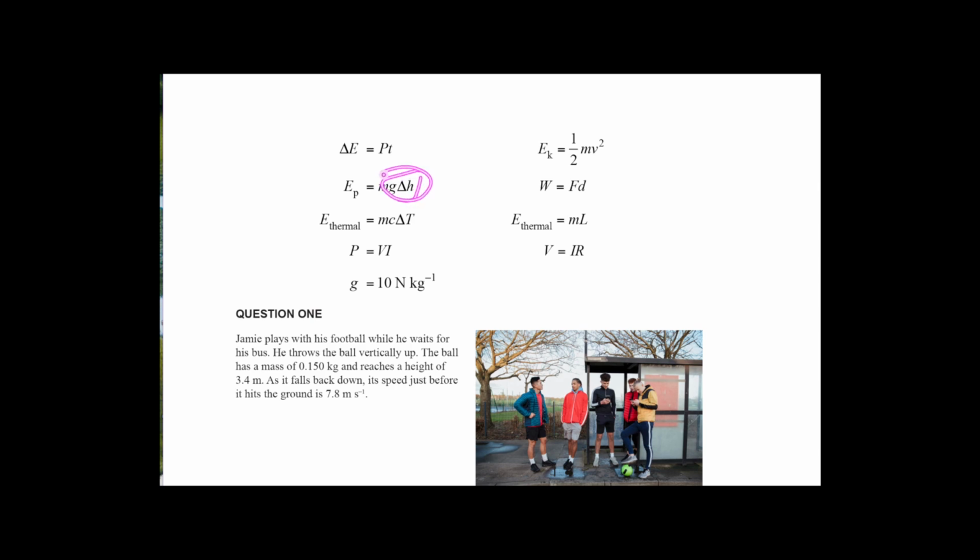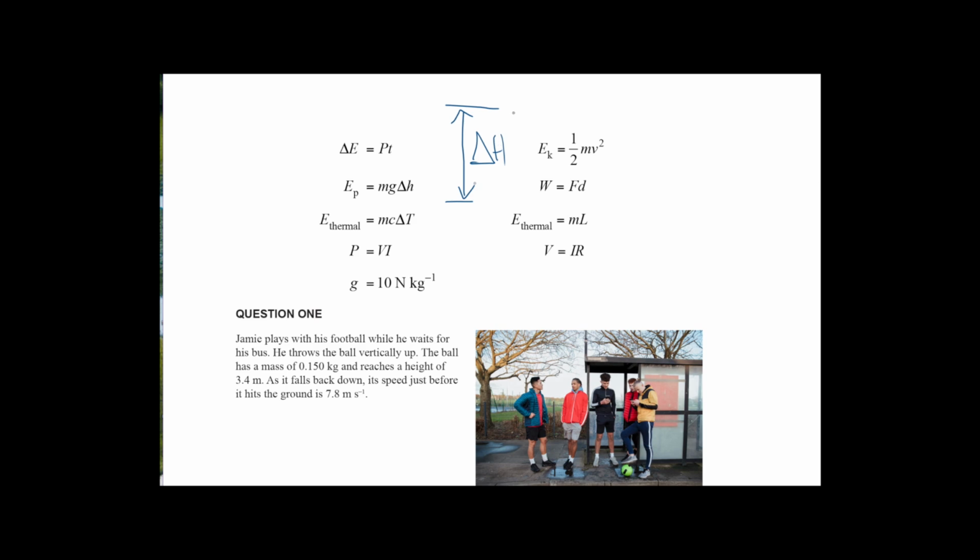This delta h here means change of height. So if we start here and we raise something to this level, this is going to be the change in height. Delta just means change.